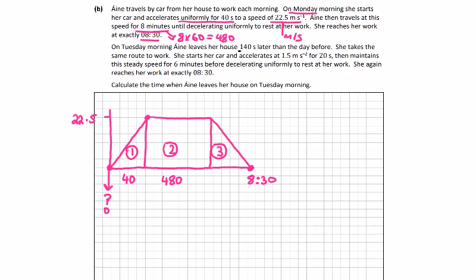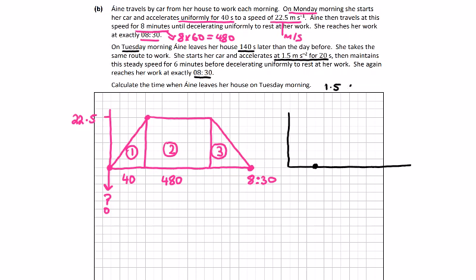Anya leaves her house 140 seconds later on Tuesday. So we don't know what time she leaves. That's what we're going to look for. So let's say she leaves later. She arrives at 8:30, the same time. So it's a similar type of graph, accelerating at 1.5 for 20 seconds.